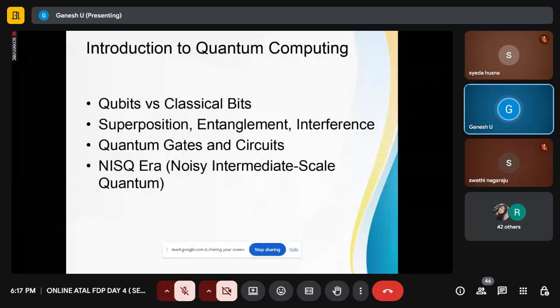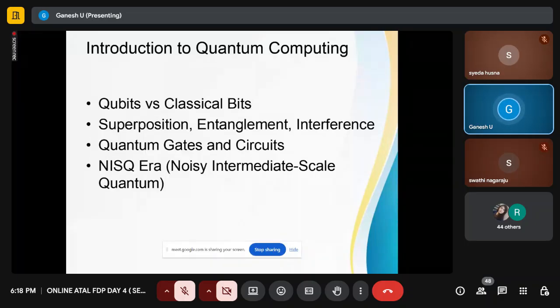That's it. Qubits are quantum bits. In quantum computers, the basic unit is the qubit. Here the possibilities are not only 0 and 1 like classical bits. We have many more possibilities. Mainly superposition and entanglement, these quantum principles we are using here.